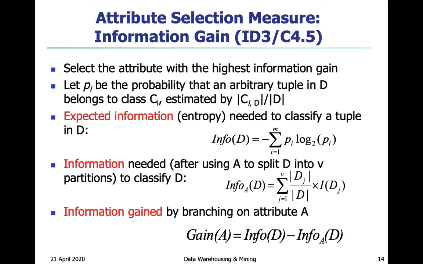So Info(D) is just the average amount of information needed to identify the class label of a tuple in D.